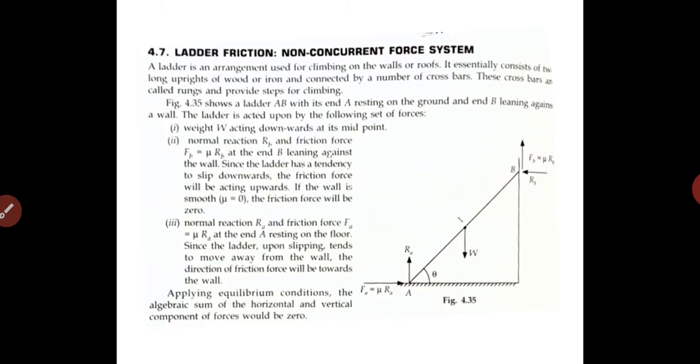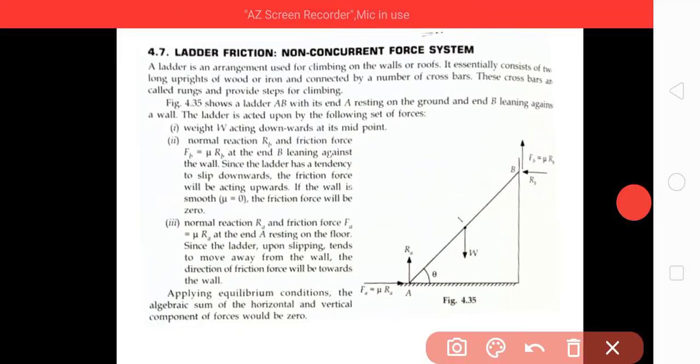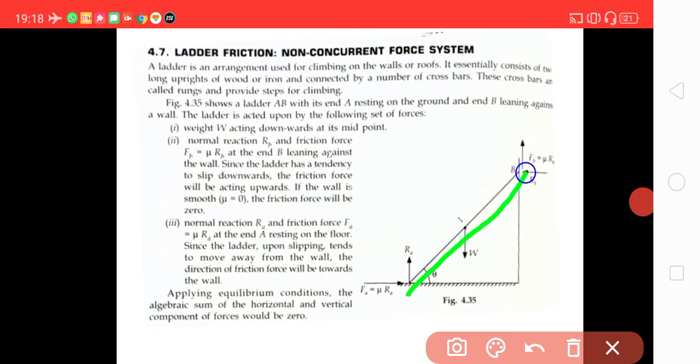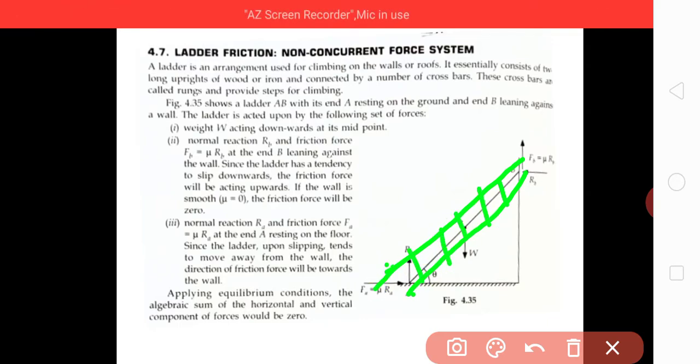Figure 4.35 shows a ladder. This is the ladder, with a number of crossbars like this. A person will climb above it, one step, then the next, then the next, and go on to the top.